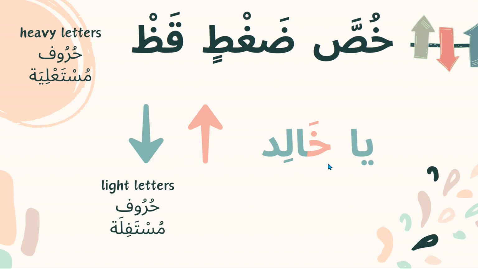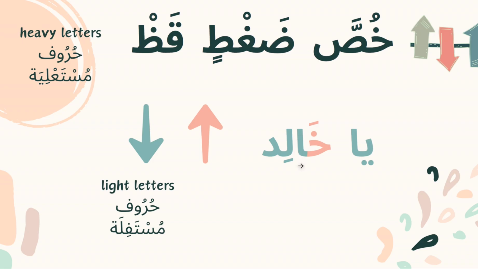This means that this letter, the kha, the direction of the sound is directed upwards, striking the upper palate. But all the other letters are not. The ya is not, the alif is not, the lam, the dal, they are not in this case, okay? They are huruf mustafila, light letters.